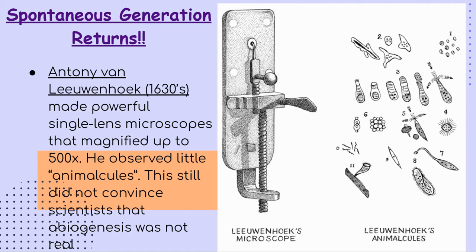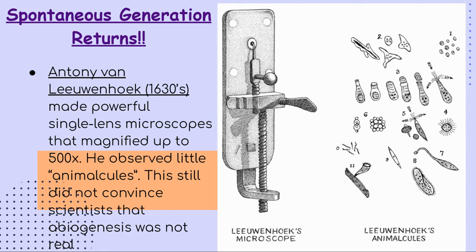And what he did is he took some water that he found just on the ground and he put it under his microscope. And when he looked at it, what he saw was these things that he called animalcules. And animalcules were just little tiny bacteria. But again, he didn't know they were called bacteria because they didn't have names.